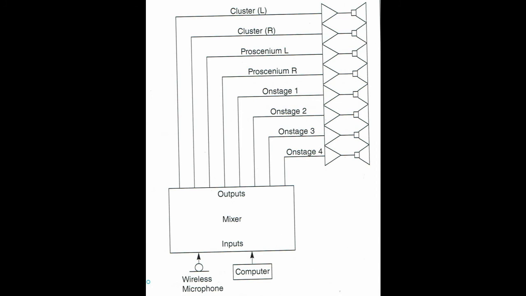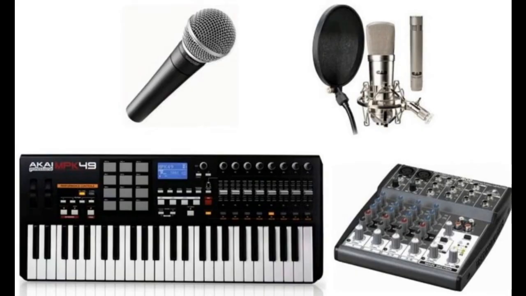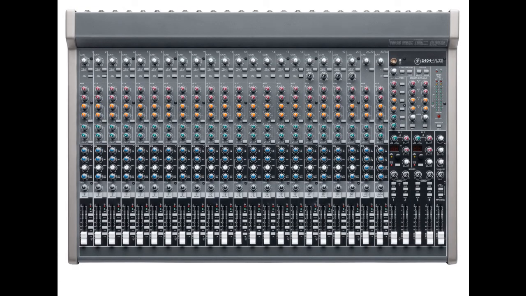Now, it really depends on the brand, make, and model again, but most mixers have about 8 or significantly more input channels. So it has the ability to house multiple microphones and or other input devices, such as any of these here. And then the outputs, again, vary depending on what type of board that you have, such as this one here.